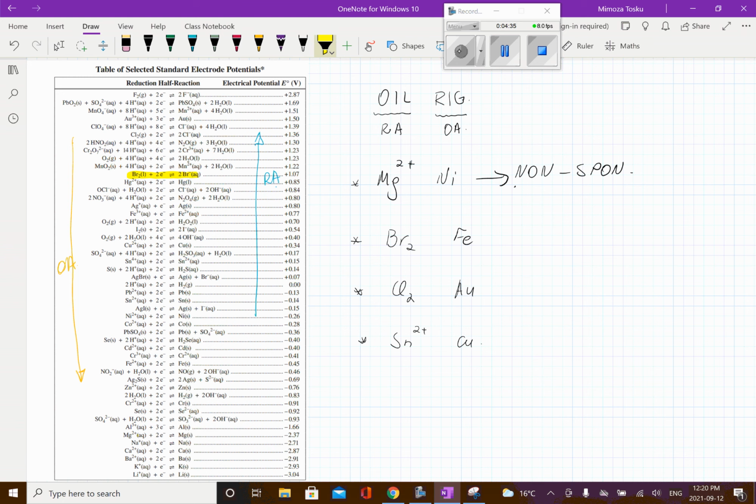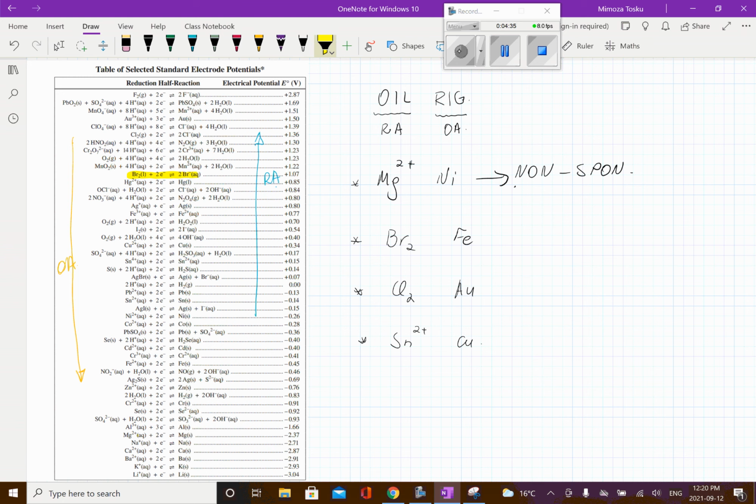Now this is where you may wonder which one you have to use. If you are looking for copper and tin 2+, one has to be a reducing agent and the other has to be an oxidizing agent. They cannot both be reducing agents or both be oxidizing agents.